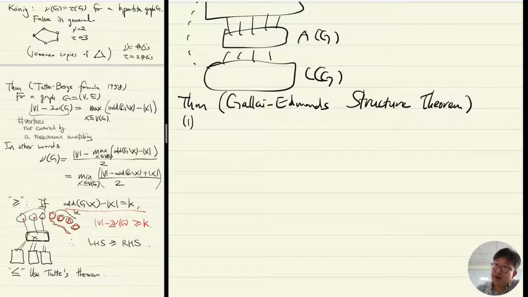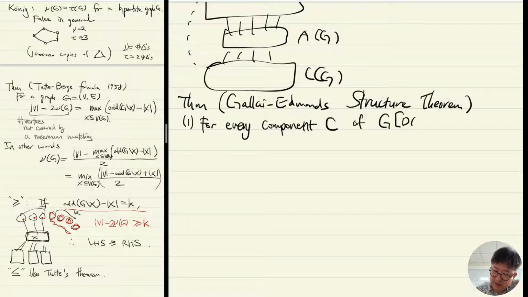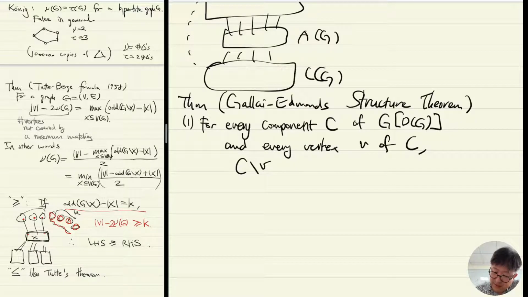So the first property is for every component C of G − D and for every vertex v of C, C delete v has a perfect matching.